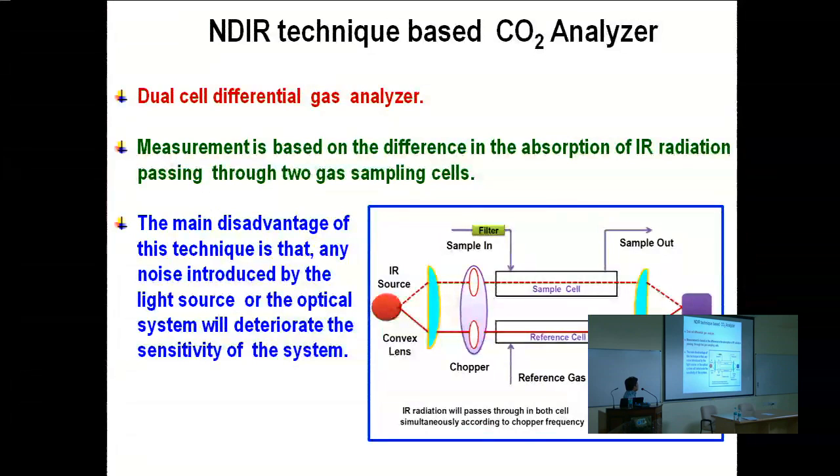But the disadvantage of this technique is that any noise introduced by the source, sample cell, reference cell, and detector will subvert the sensitivity of our system.